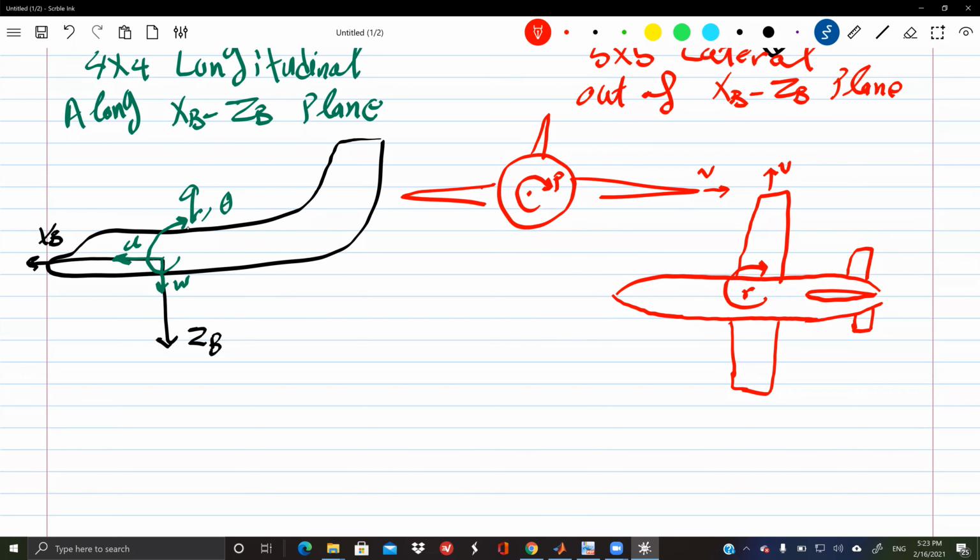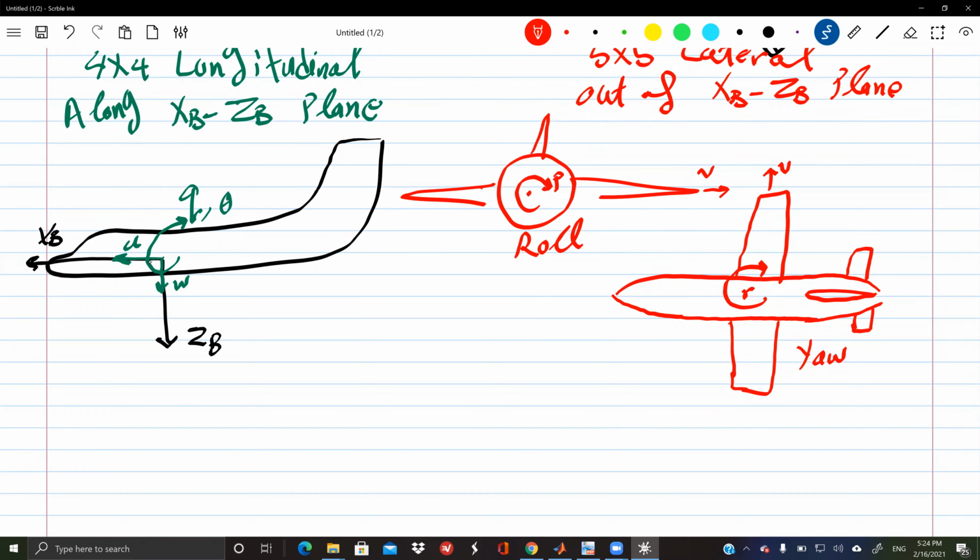So here we had only one rotation, which is rotation about Y. So here we will have the other 2 rotations. Rotation about X, which is roll. Rotation about Z, which is yaw.